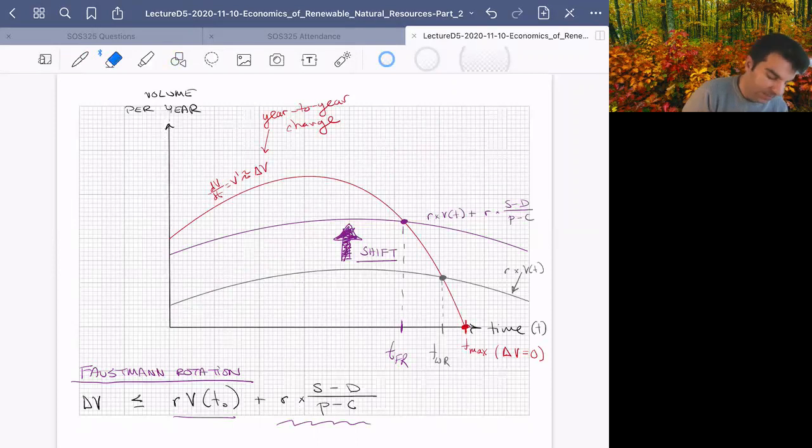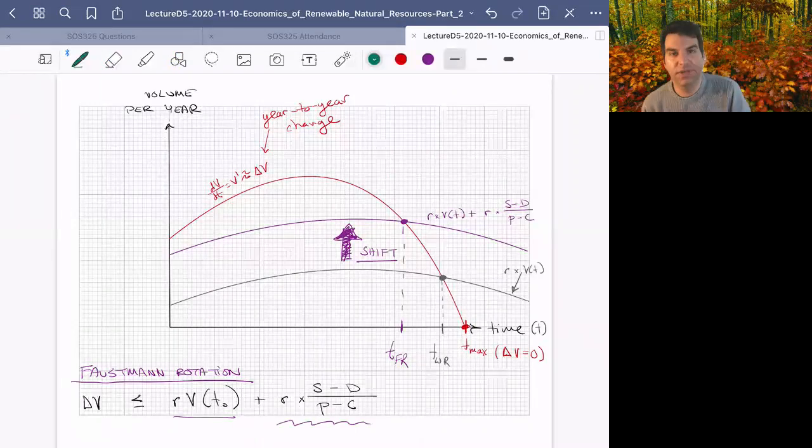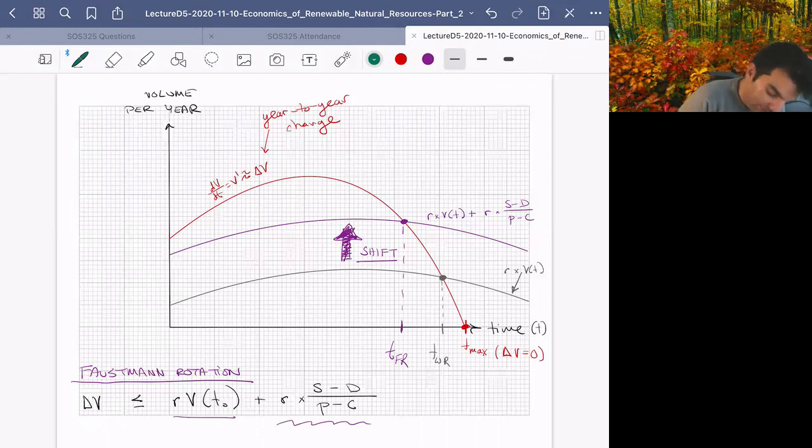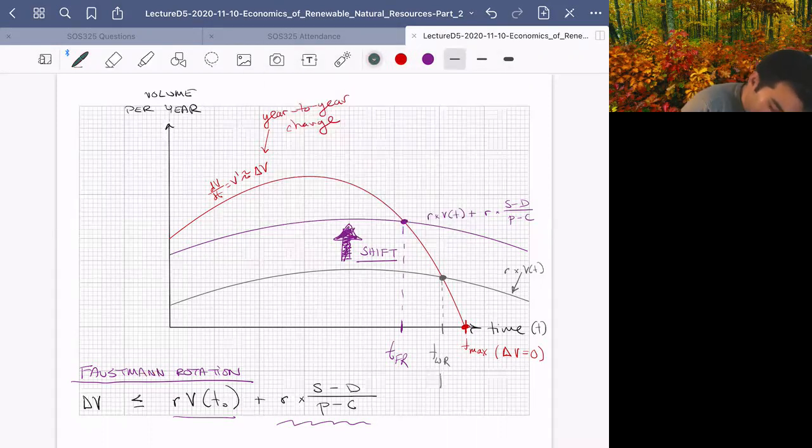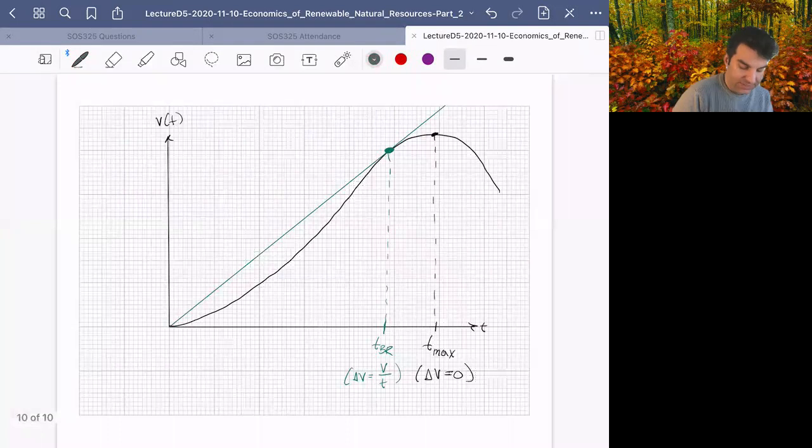That's of course the biological rotation, but that was like a Freudian slip. The Wicksell rotation is of course where delta V is equal to R VT. And that's what I was trying to show there. All right, so the biological rotation is where delta V is equal to V over T.